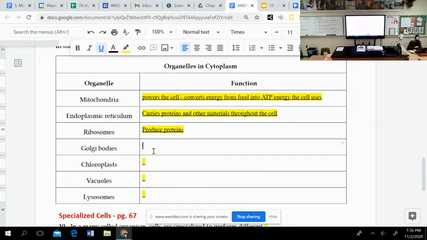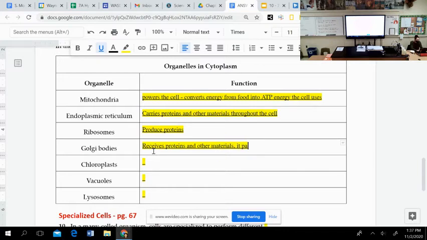How about the Golgi bodies, or the Golgi apparatus? What does this do? Kind of got a long list of things. Go ahead, Allie. It receives materials from the plasma and sends them to other parts of the cell. Right. So it receives proteins and other materials.